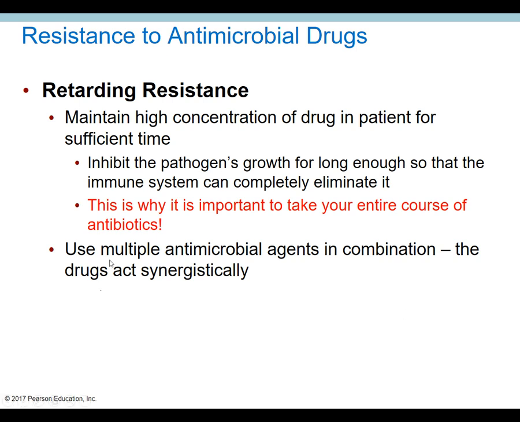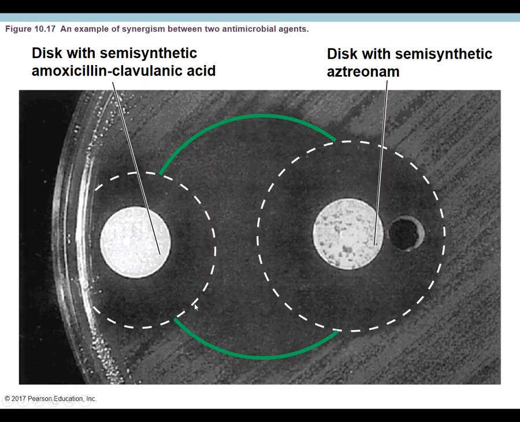And the last thing is sometimes doctors will use multiple antibiotics or multiple antimicrobial agents in a combination, because sometimes what we observe, and we may not even know why, is that the drugs act synergistically.